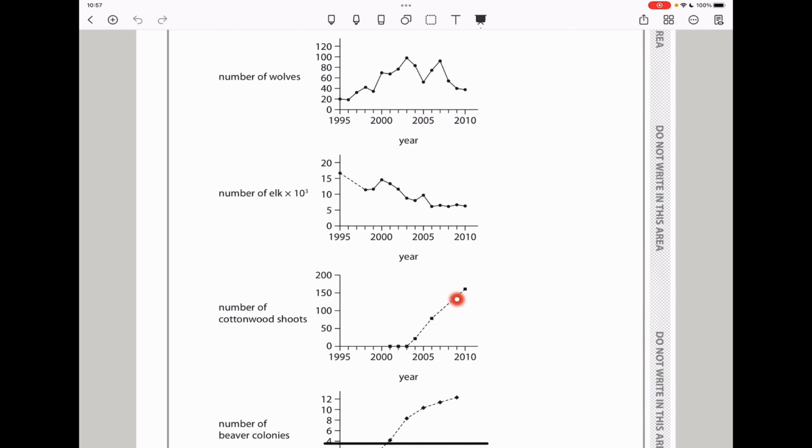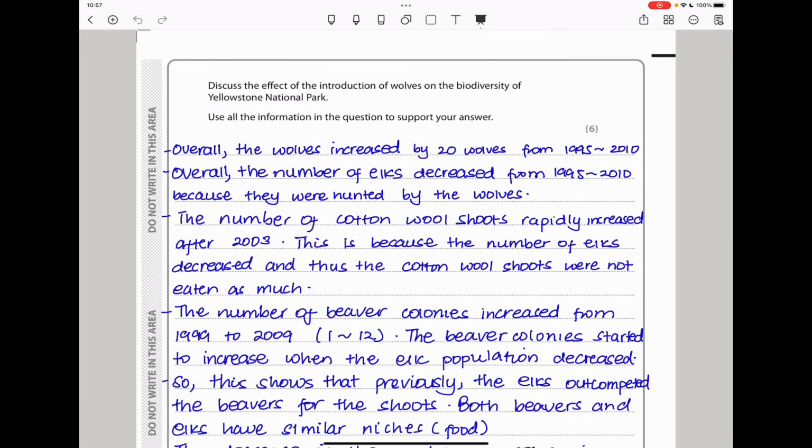We can see a sporadic increase in the number of cottonwood shoots. So they increased rapidly after 2003. This is because the number of elks decreased and thus the cottonwood shoots were not eaten as much. Remember, the elks feed on these cottonwood shoots. So if the elks are decreasing in number, it means the cottonwood shoots should also be able to increase in number.